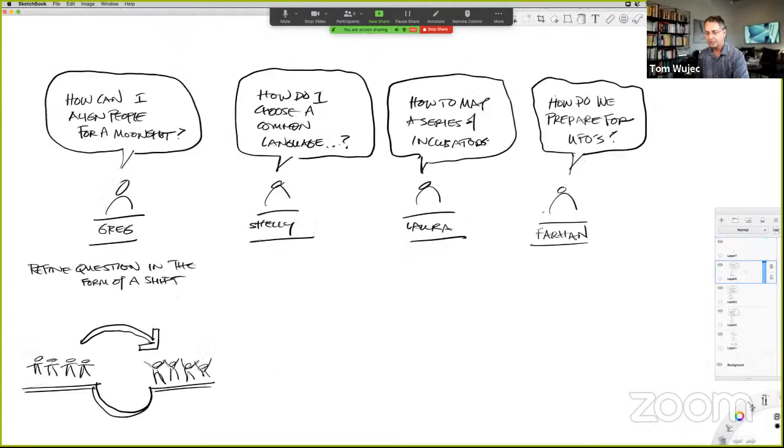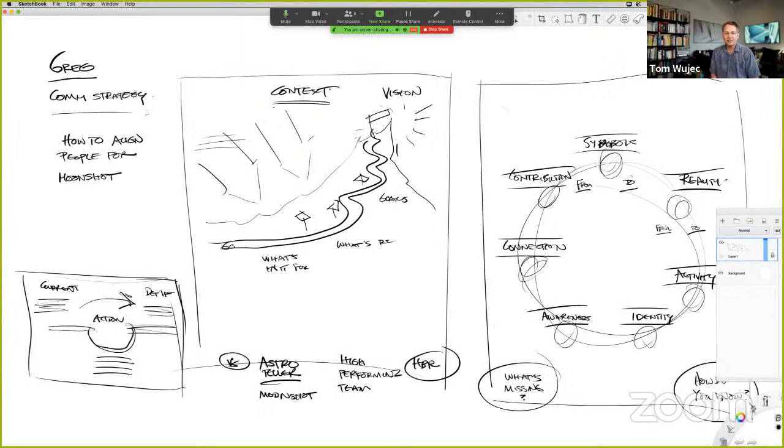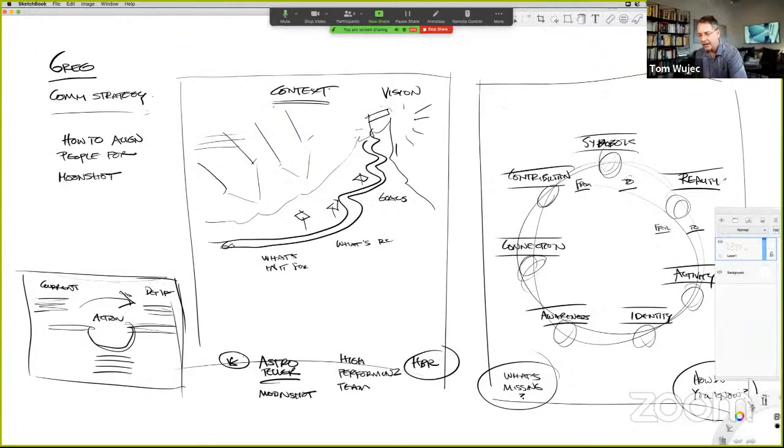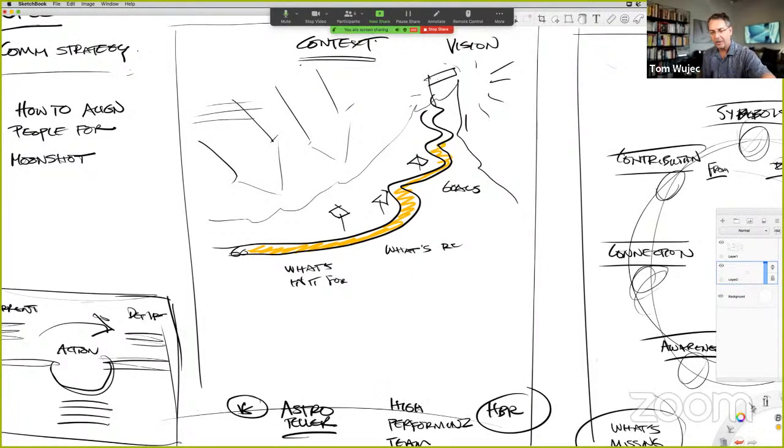So Greg, I was doing some doodling on yours, thinking about a communication strategy, and maybe there's an overall framework that could be used to show the new users the path from where they are to where they would like to be. What does that vision actually look like? And how do you communicate?